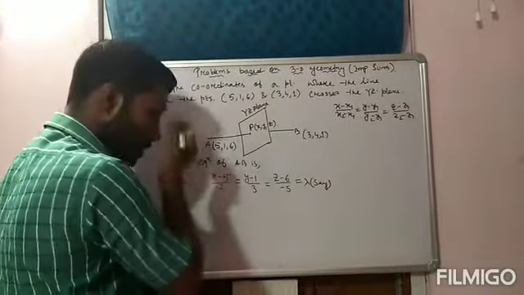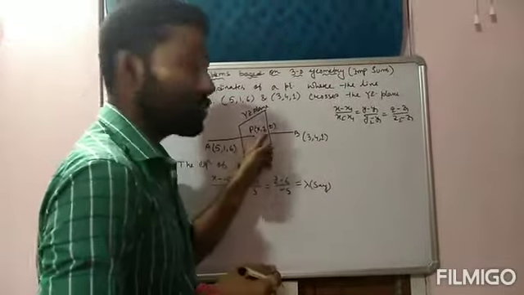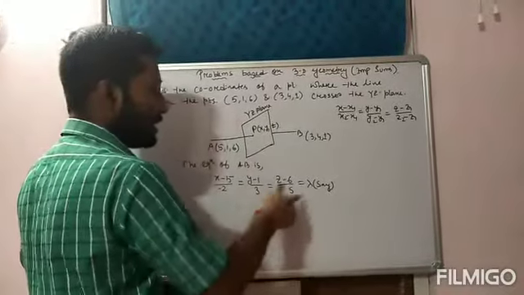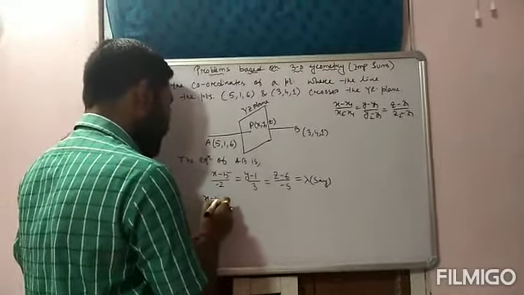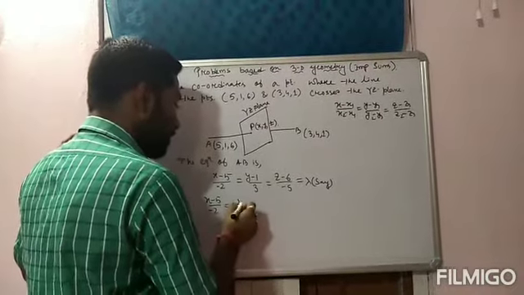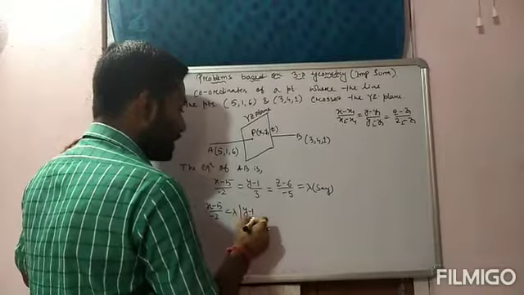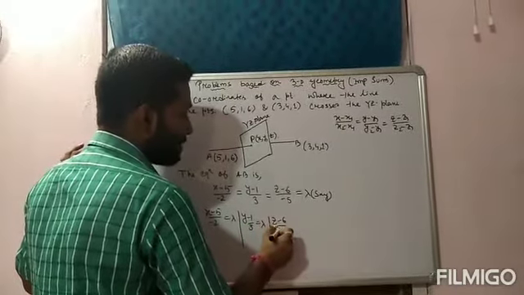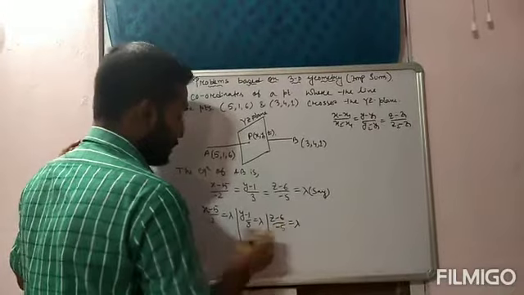Why? Because you are asked to find the values of x, y and z. तो इसीलिए x, y and z का वैल्यू फाइंड आउट करने के लिए lambda पकड़ा, so that we can write x minus 5 by minus 2 is equal to lambda, y minus 1 by 3 is equal to lambda, z minus 6 by minus 5 is equal to lambda.